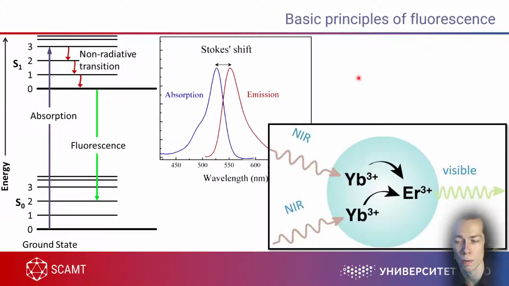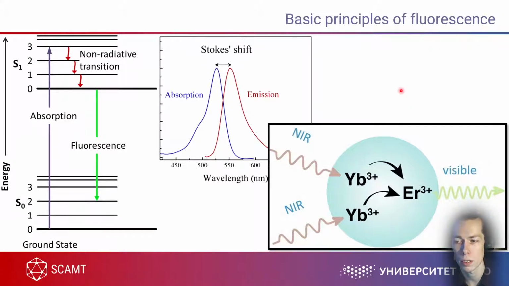This is one of the examples of anti-Stokes shift, which can be observed using up-conversion nanoparticles. Up-conversion nanoparticles usually incorporate some rare earth elements like erbium or europium. How do these nanoparticles work? For example, you illuminate these nanoparticles with infrared light, and you can observe some visible light or even ultraviolet light in some cases.